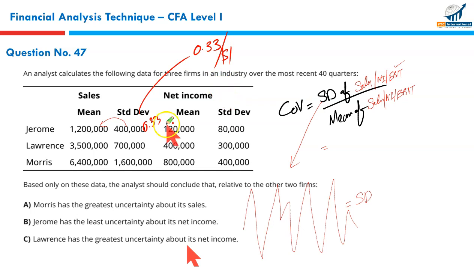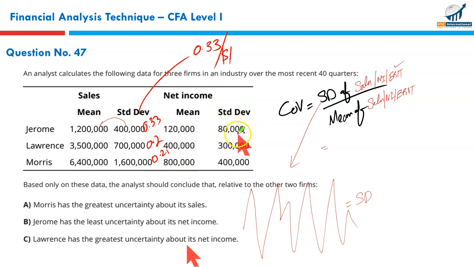For the next one, if we calculate 700,000 upon 3.5 million, that's 0.2. For this company, the standard deviation is $0.2 for every dollar of sales, less than the previous one. And the last one is 1.6 million upon 6.4, it's 0.25. So the variation in sales is $0.25 for every $1 of average sales.